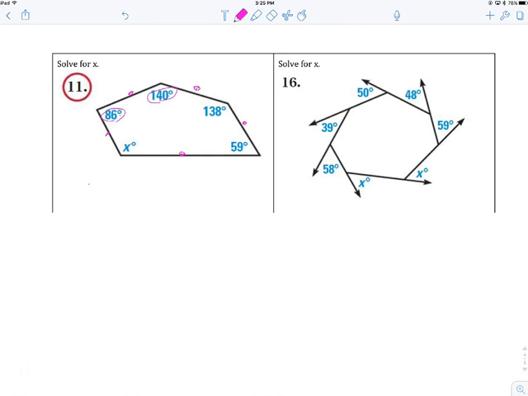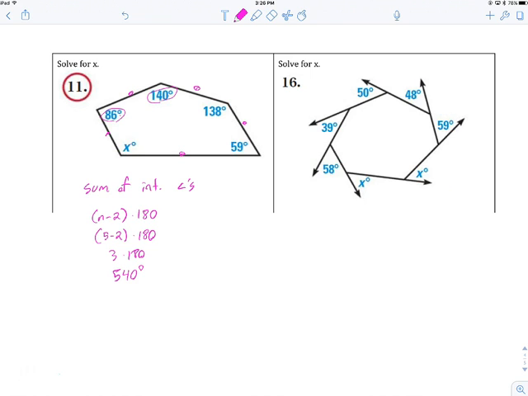So I know these are interior angles, so the sum of interior angles, which is n minus 2 times 180, or 5 minus 2 times 180. So that's 3 times 180, or 700. Whoa, not 700. 540 degrees. Okay, so the sum should be 540.